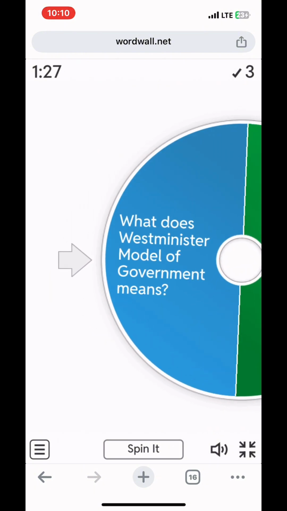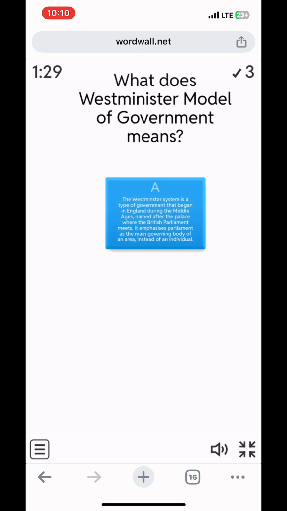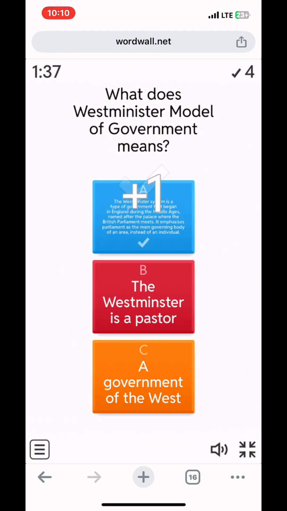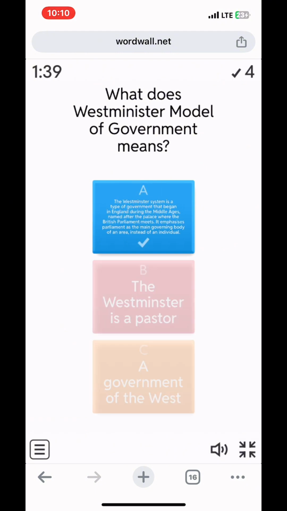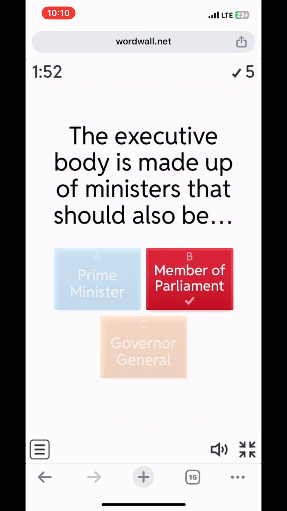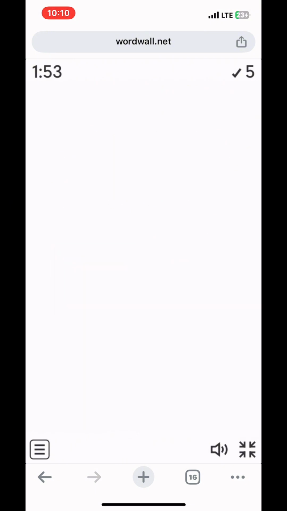What does Westminster Model of Government mean? If you selected that it is the government system, you are correct. The executive body is made up of ministers. That should also be, if you selected member of parliament, you are correct.